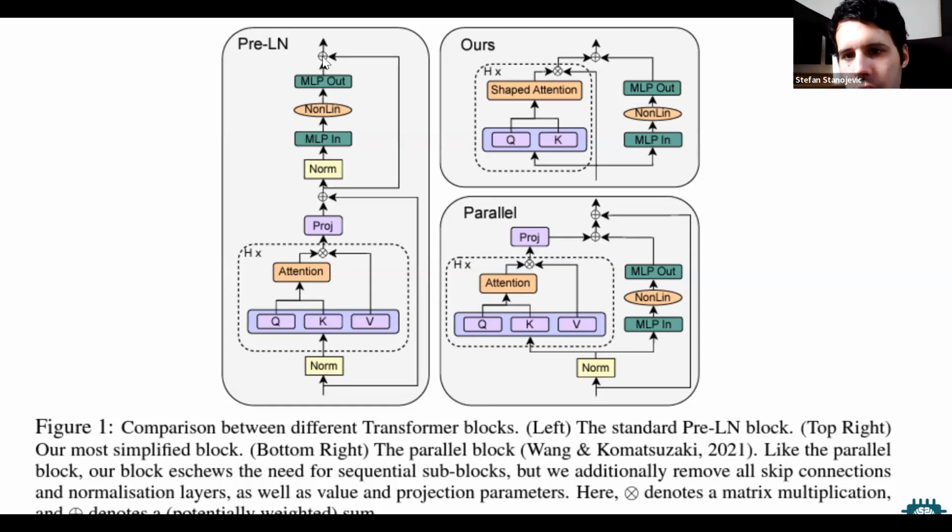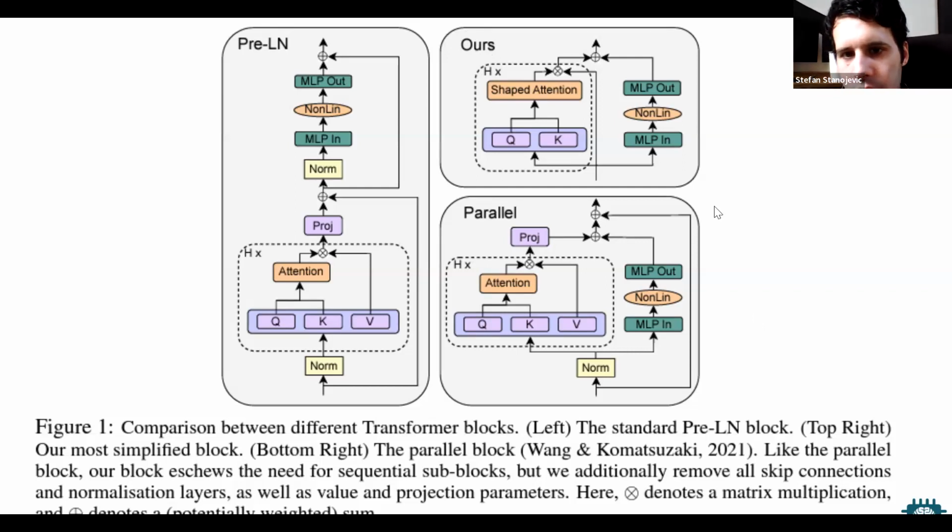Okay, and then on the right we have two novel models. One of them is called parallel, and that came from a paper from 2021 by Wang and Komatsuzaki. The other transformer block is denoted ours, and that is the contribution of the paper we're talking about today.